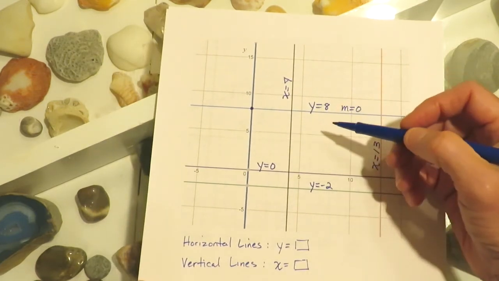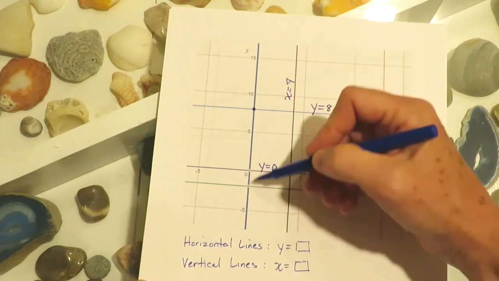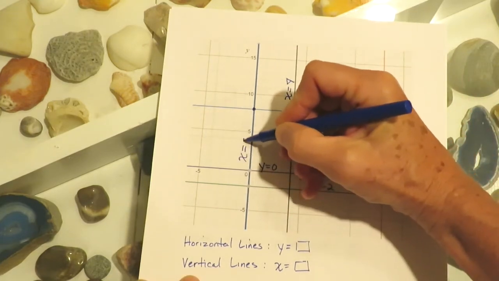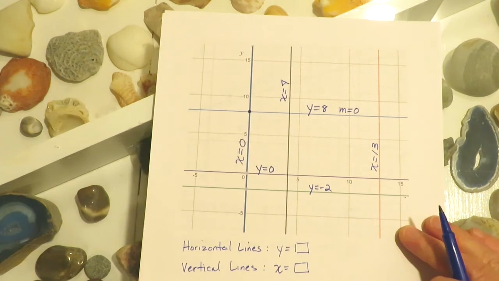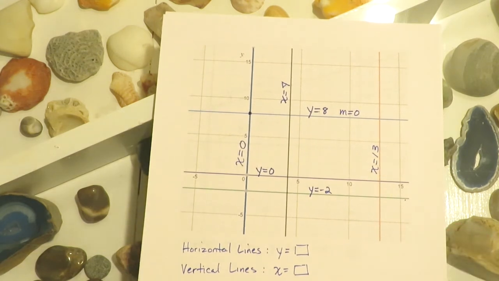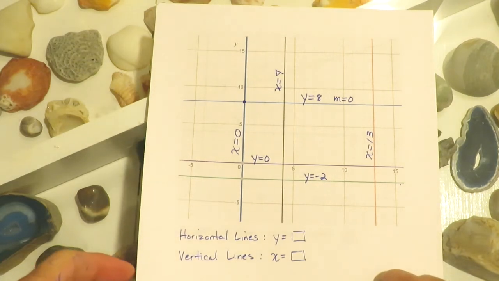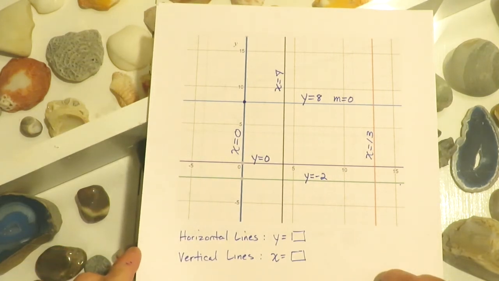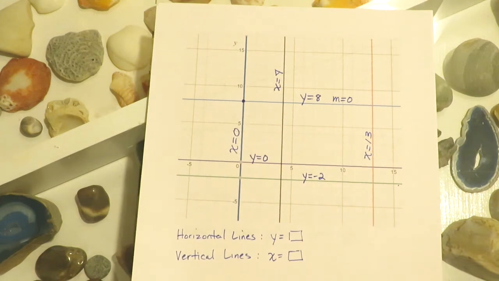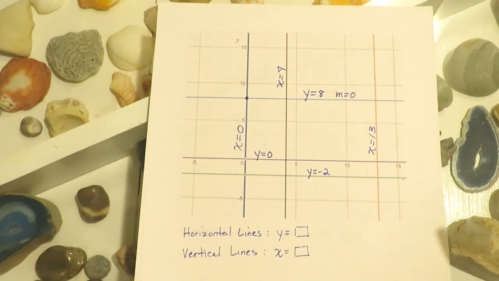And on the y-axis, x is always 0, so that's its equation. Again, horizontal and vertical lines have equations. You do write the equation for a horizontal line and a vertical line, but there's much less work involved. You just need to identify what all the y's stay for horizontal, and what all the x's stay for vertical.